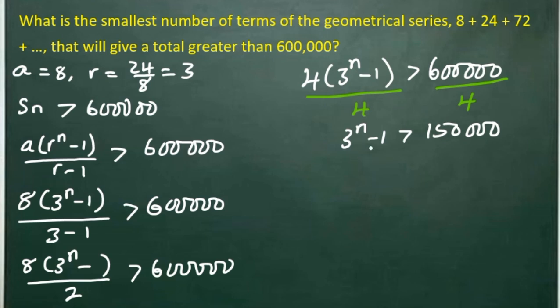Now let's send the 1 to the right hand side. So we have 3 to the exponent of n greater than 150,001.